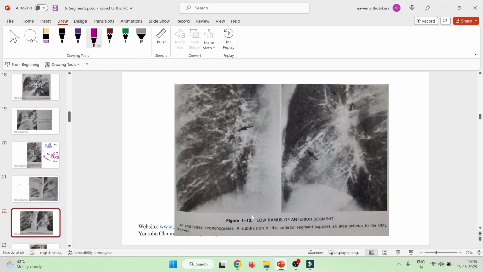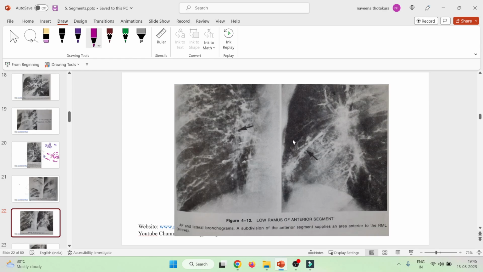So if you see here in the AP and lateral bronchograms, a subdivision of the anterior segment is present. This is supplying the area below the right middle lobe. This is actually supplied by this segmental bronchus, which is a subdivision of the anterior segmental bronchus. Normally the upper limit of the anterior segment can lie anywhere in the upper lobe.